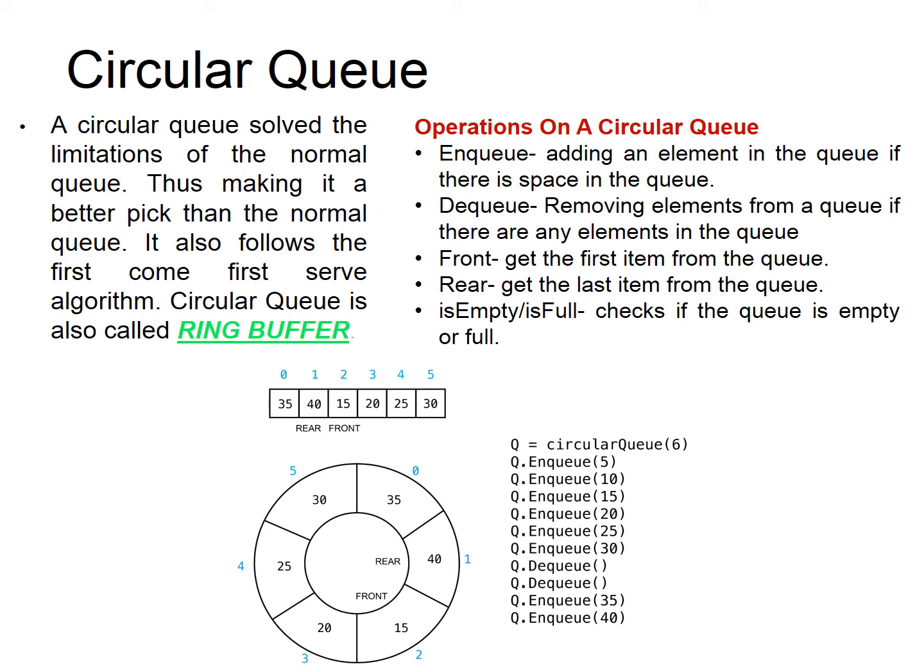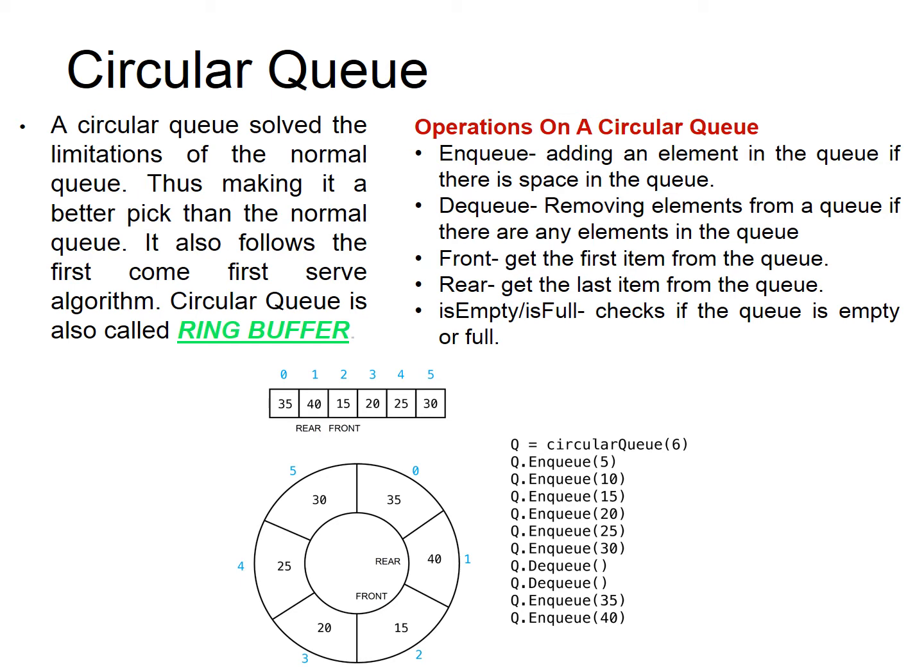For the first element 5, front will be at the 0th position and rear will be at the 5th position, with the elements 5, 10, 15, 20, 25, 30. When I perform the DQ operation, front will move ahead. Now 5 will be deleted, 10 will be deleted. That means 2 elements are deleted, and front will be in the 2nd position.